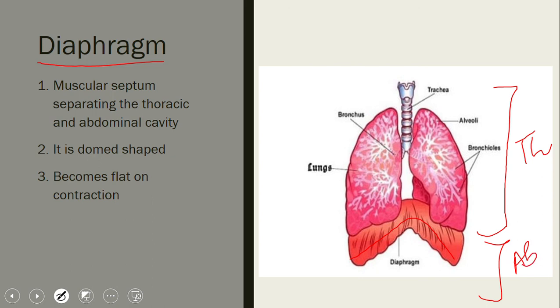This diaphragm usually is dome shaped, but it can become flattened during the respiratory process when it contracts, a process which we'll be seeing in later stages, where we'll be studying the different mechanisms. There we'll be studying the contraction and relaxation of the diaphragm.